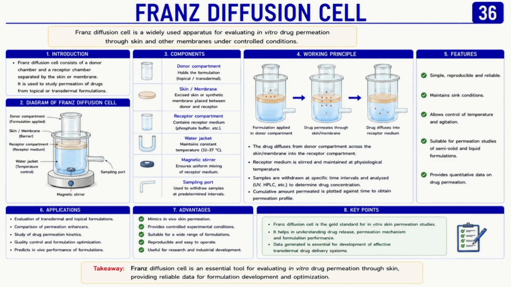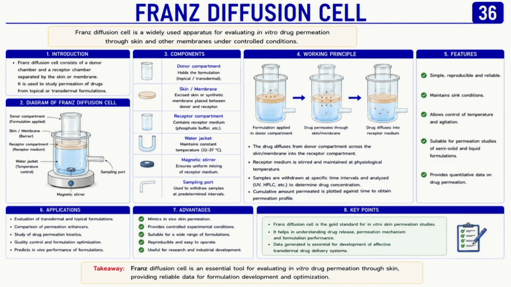The formulation is placed on the skin surface. The drug molecules migrate through the skin and enter the receptor compartment. Samples are withdrawn periodically and replaced with fresh medium. From the concentration versus time data, we calculate the cumulative permeation and the steady state flux. This is one of the standard experimental approaches for comparing ethosomal formulations with conventional formulations.